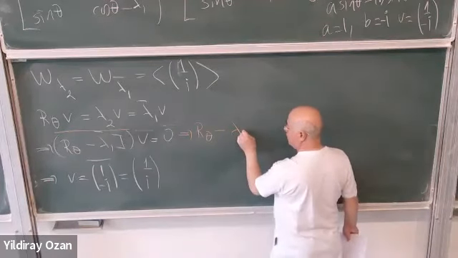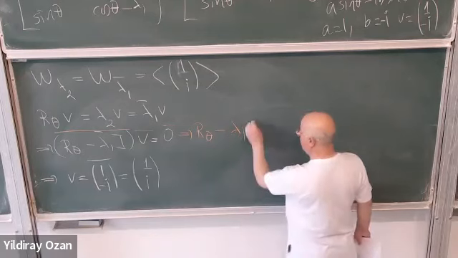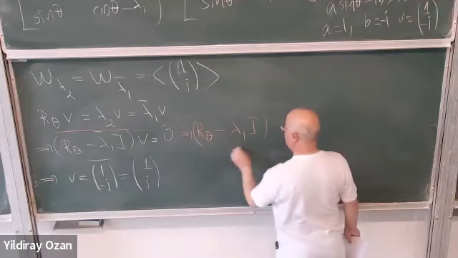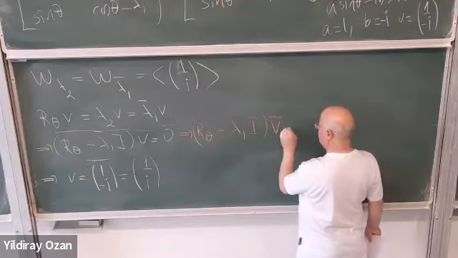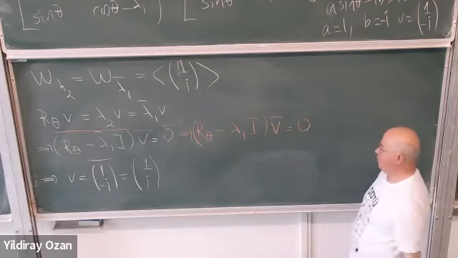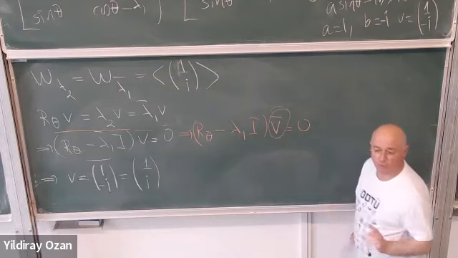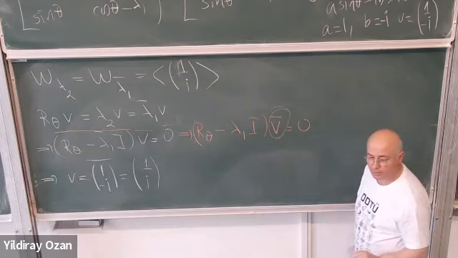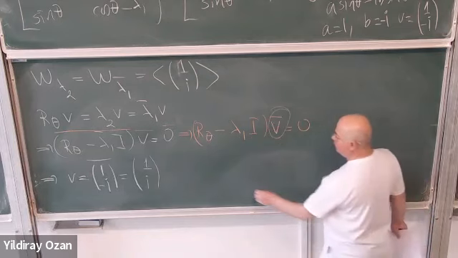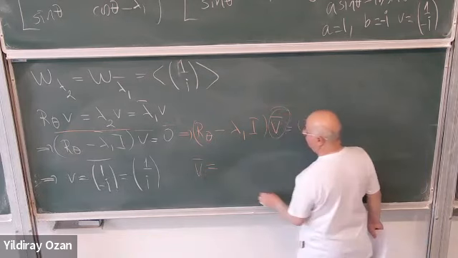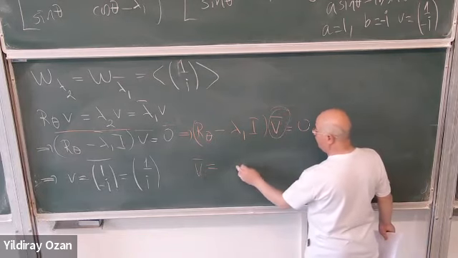Well, that is just lambda 1 identity V bar. So V bar is an eigenvector for lambda 1.